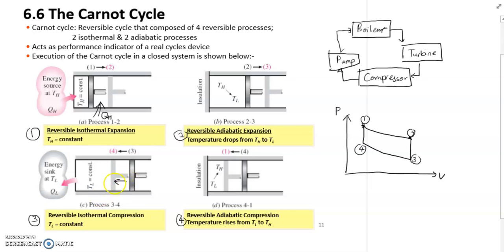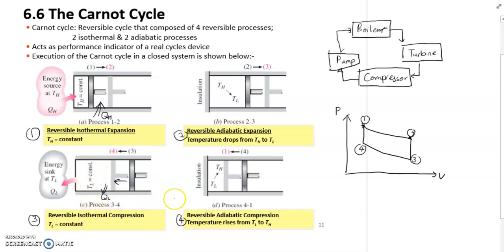As the gas compresses, your temperature will increase, but take note that you will also reject QL. So even though your temperature increases, at the same time you reject QL, so the heat will balance out and your TL will remain constant. It's the opposite of the first process.